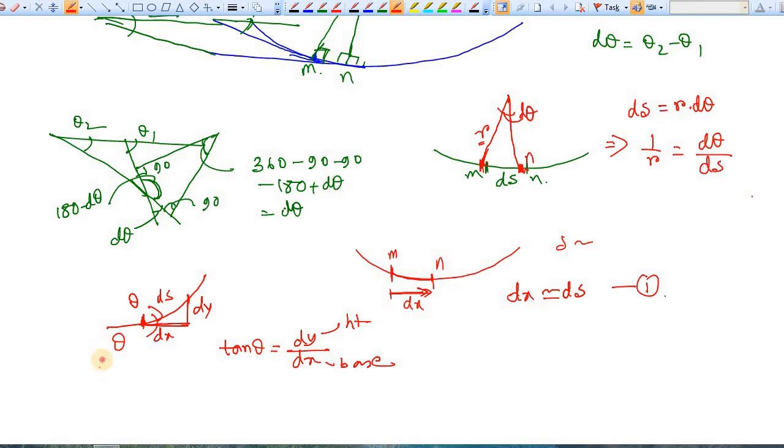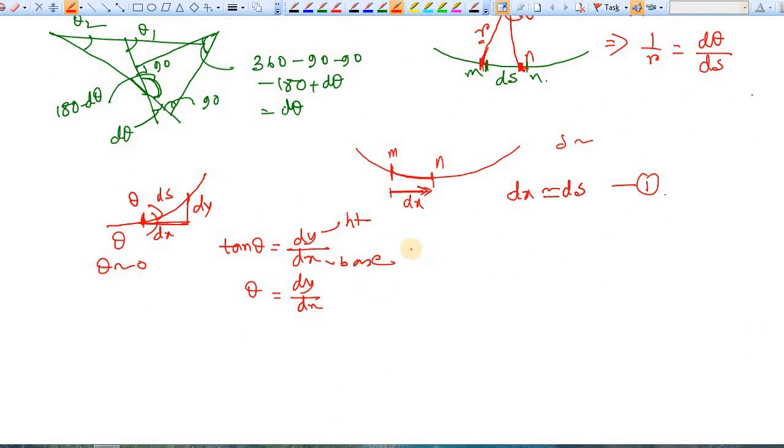And also, as theta is very much small, we can say tan theta is equal to theta, that is dy by dx. So this is our second assumption. First assumption is curvilinear path is almost equal to straight path, and theta is equal to tan theta because theta is very much small, and from here we can calculate theta, that is dy by dx.